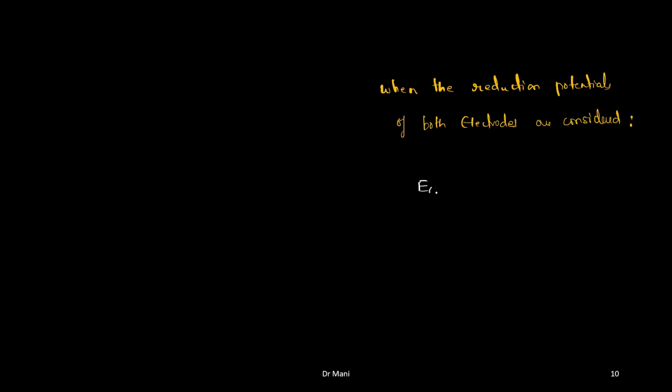So when the reduction potentials of both electrodes are considered, then E cell is equal to the reduction potential at cathode minus the reduction potential of anode.